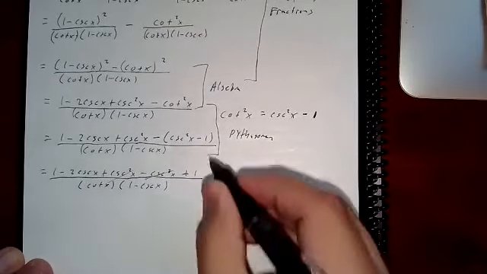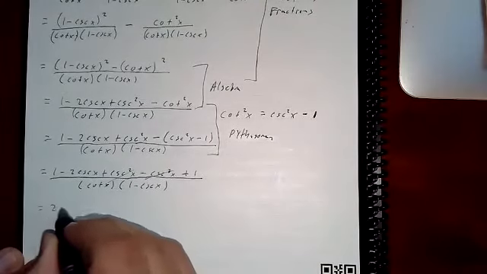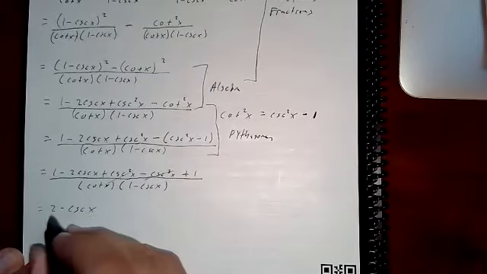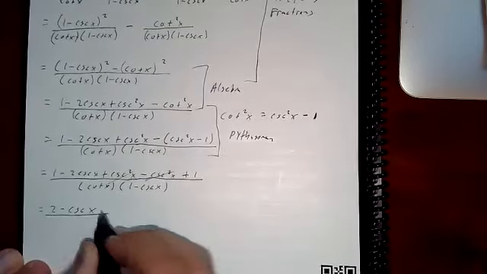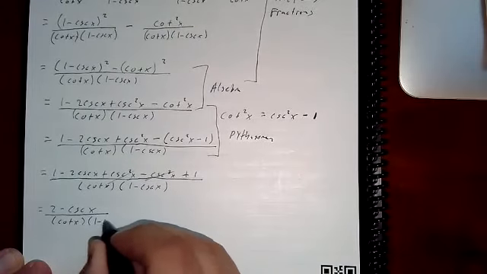Leaving me with 1 plus 1 is 2 minus cosecant x. That looks a little bit better. Maybe I'm on the right path here.